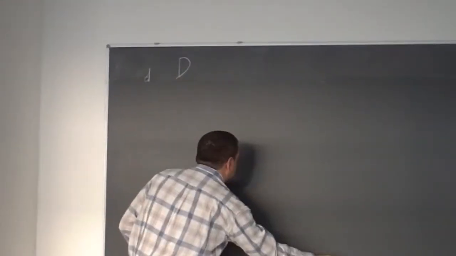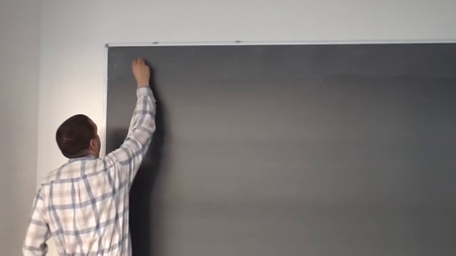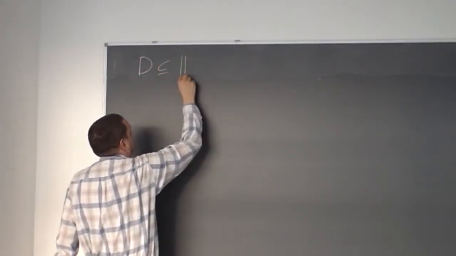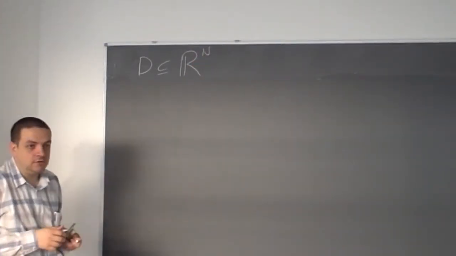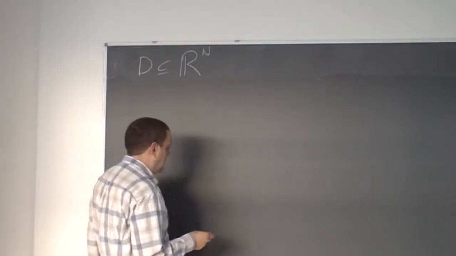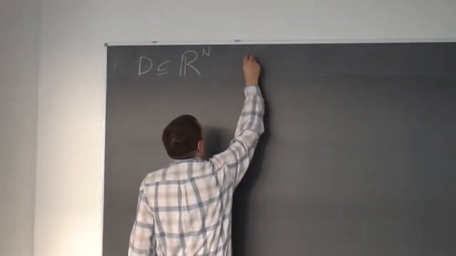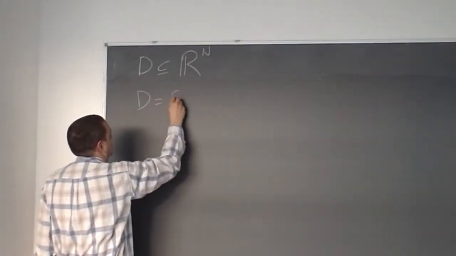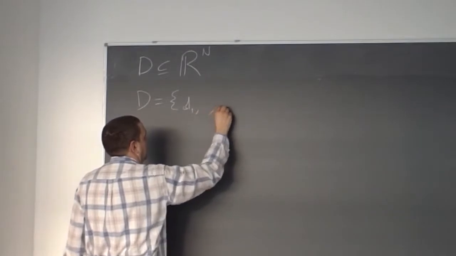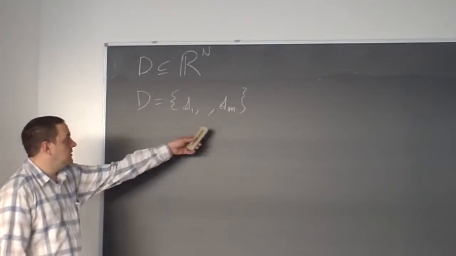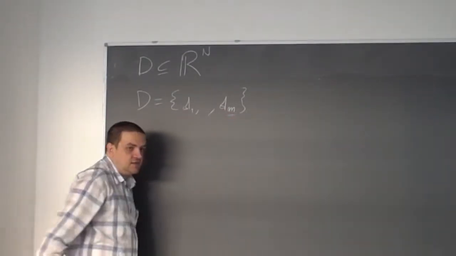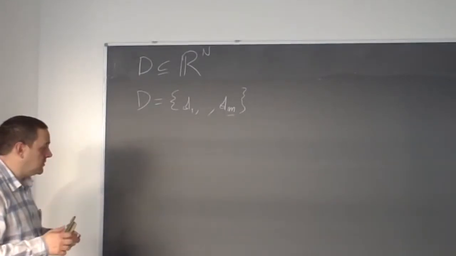We have a set D, made up of objects with n coordinates. Suppose that we have a finite number of items in our set. M is the number of objects that we want to cluster.